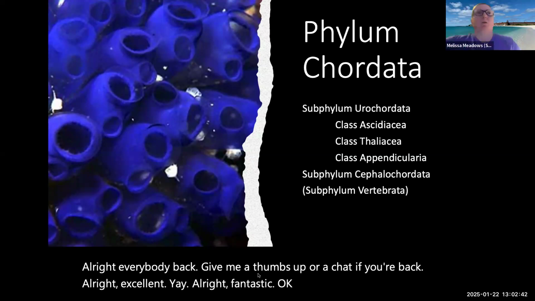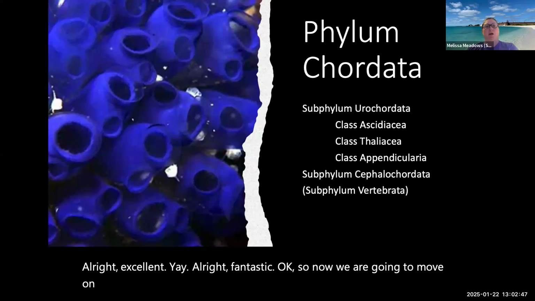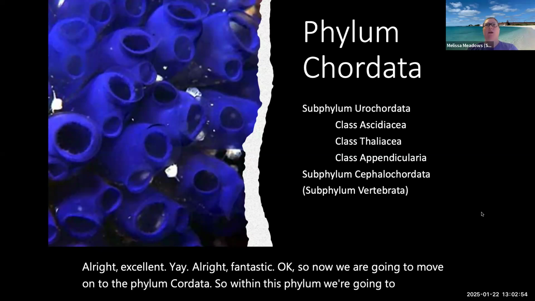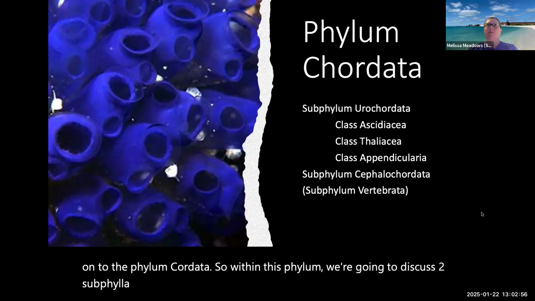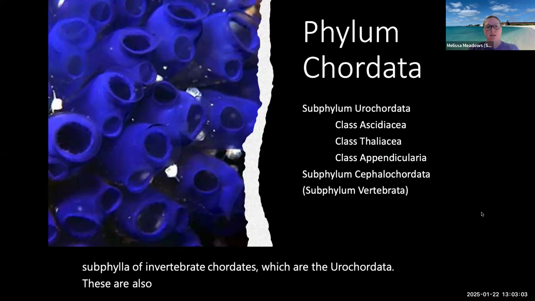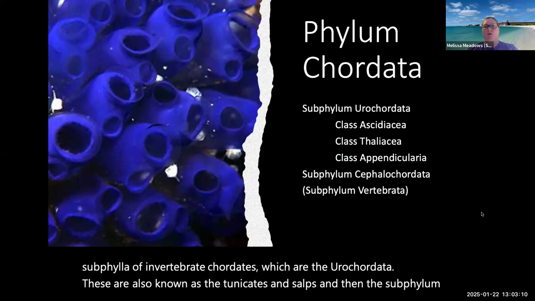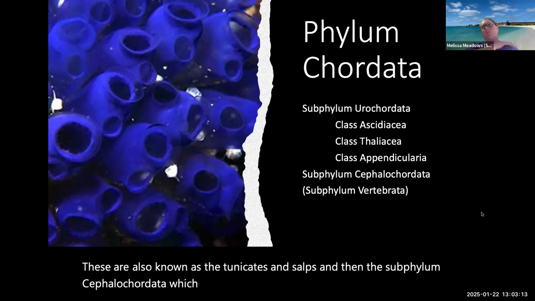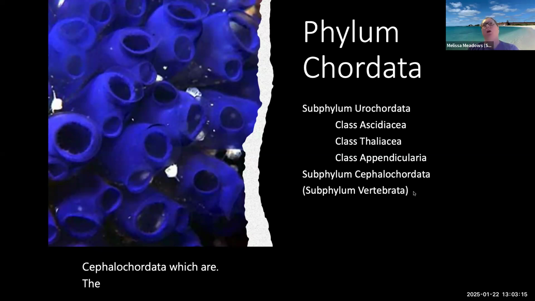So now we are going to move on to the phylum Chordata. Within this phylum, we're going to discuss two subphyla of invertebrate chordates, which are the Urochordata, also known as the tunicates and salps, and then the subphylum Cephalochordata, which are the lancelets.